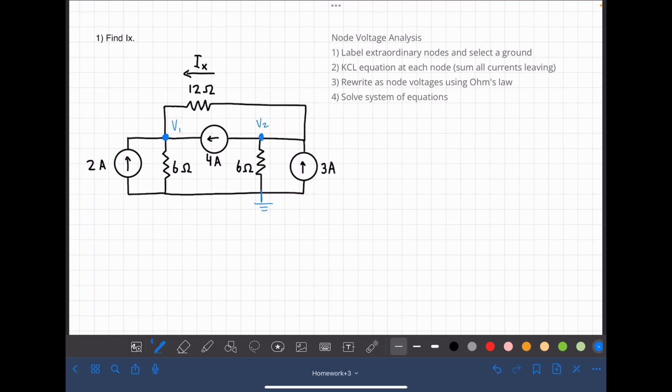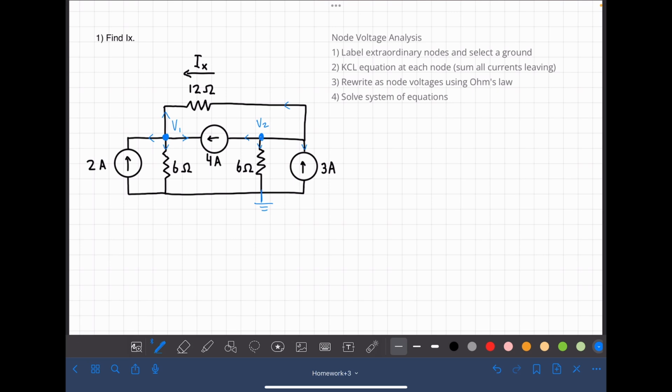So our next step is to write out KCL equations for each of these nodes. So that means we want to write the currents like exiting the node. Just keeps all our signs the same way.